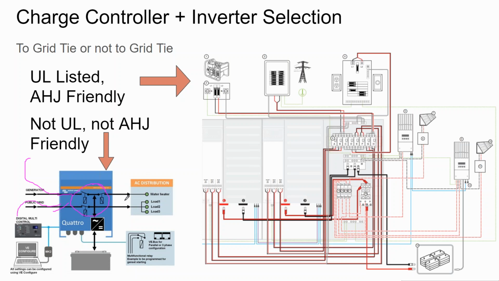Or sometimes it's either we're going to be using the grid to charge the battery or we're going to be using the grid to bypass the system altogether. And this is just using one inverter for the entire system.